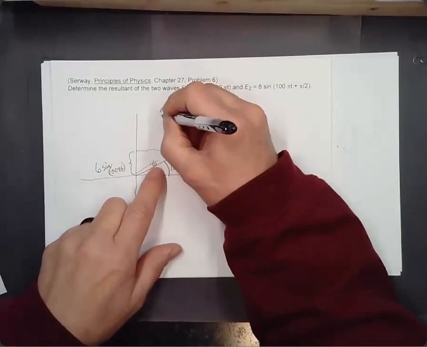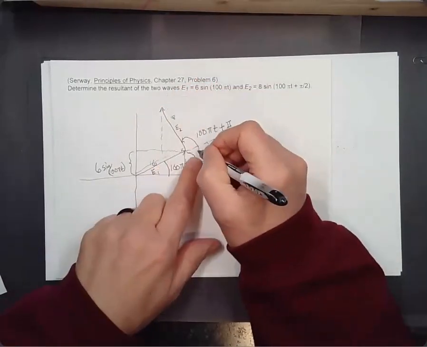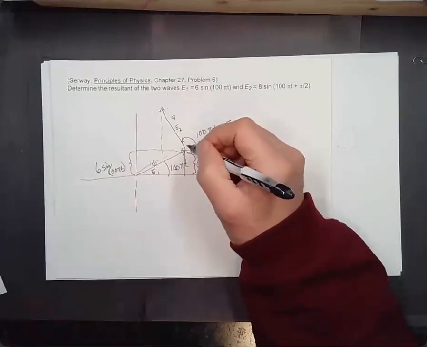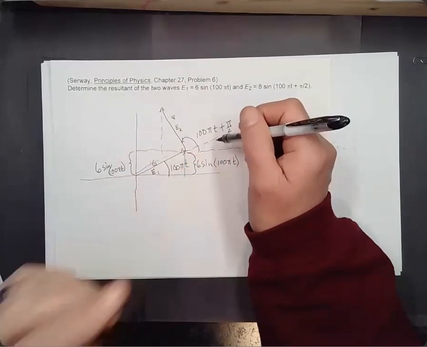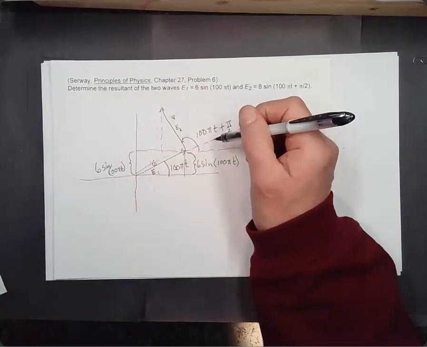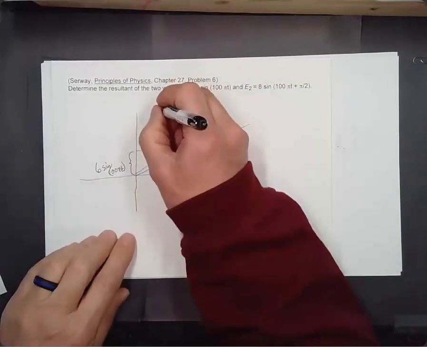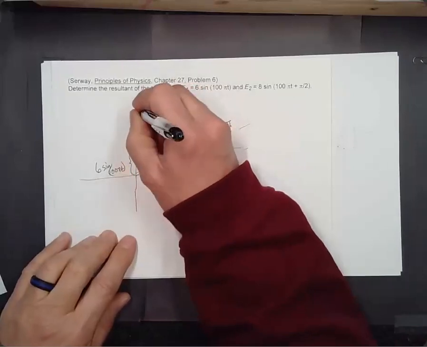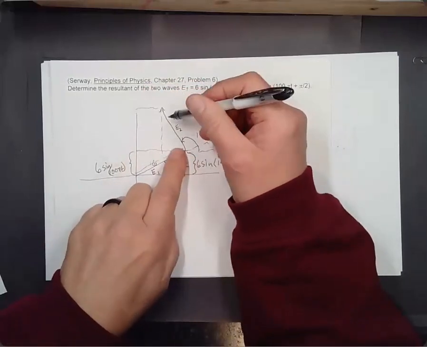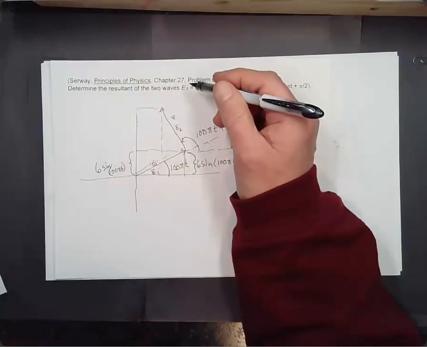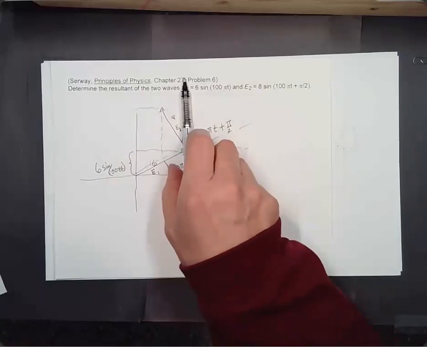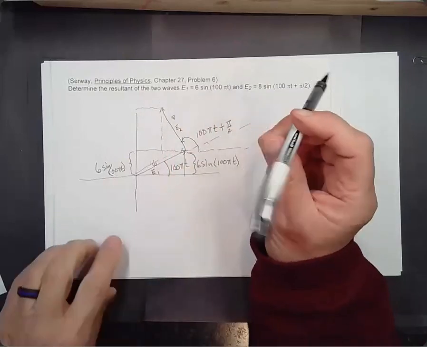Well, let's see, what about this one? I'd have to do a little bit of work. This will be 180 minus that 100 pi t plus pi over 2, and a little bit different, but it ends up being the projection on the vertical axis is also the sine thing on that one, because sine waves are symmetric about 90 degrees.